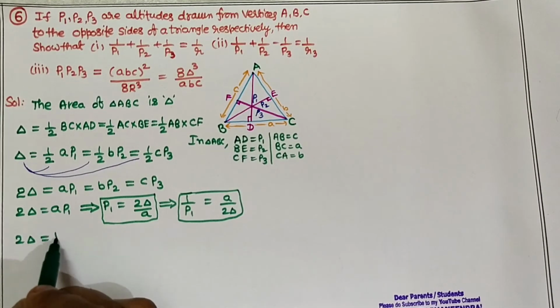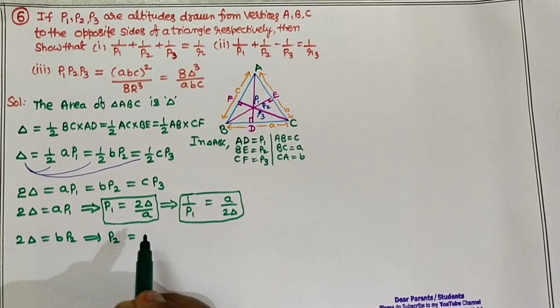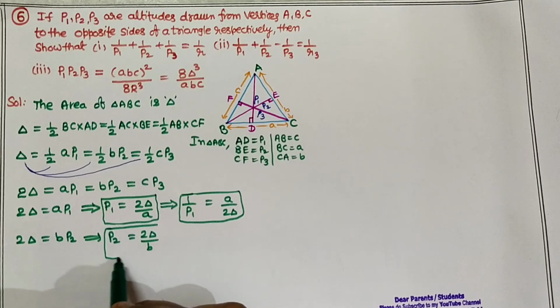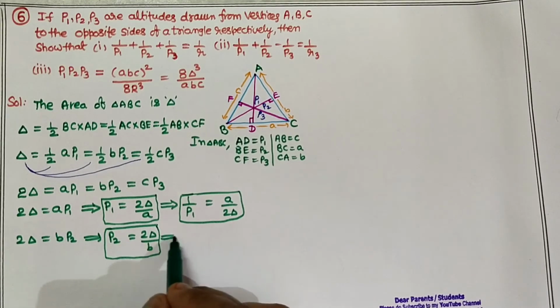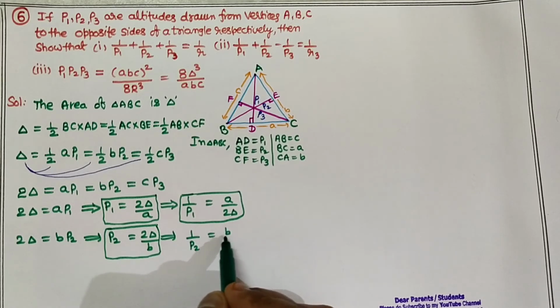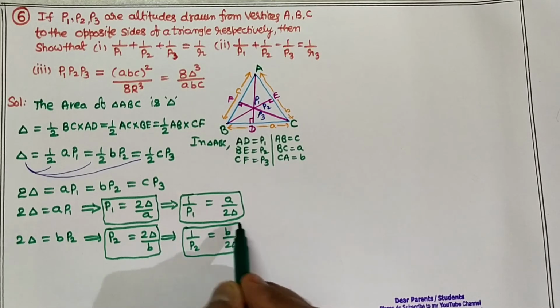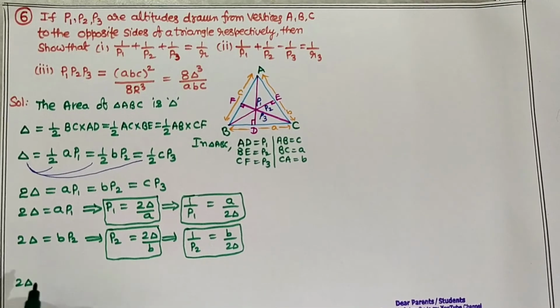2 delta equal to BP2. That implies P2 equal to 2 delta by B, and 1 by P2 equal to B by 2 delta. And 2 delta equal to CP3.